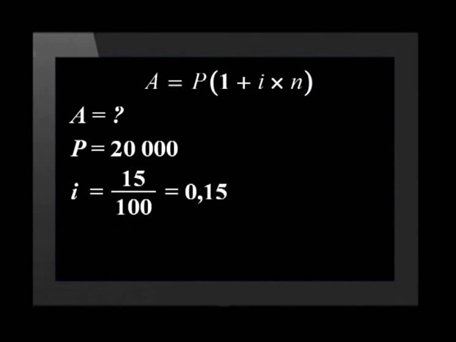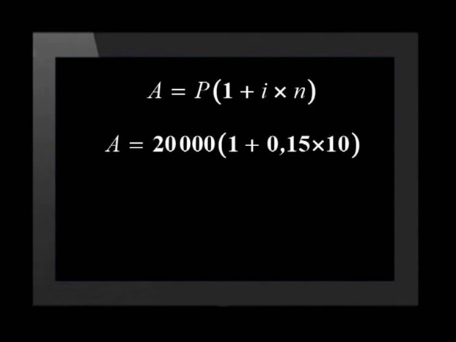The investment is made over 10 years, which means that N is equal to 10. We substitute the values in for the variables and get the equation. A is equal to 20,000 times, open brackets, 1 plus 0,15 times 10, close brackets.